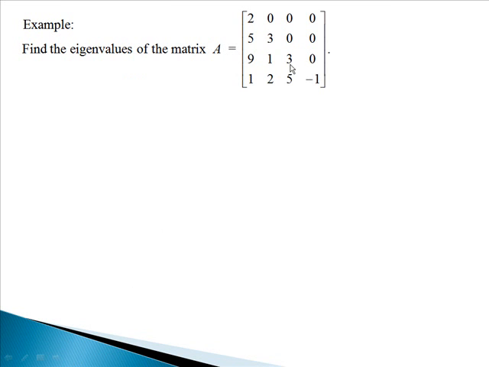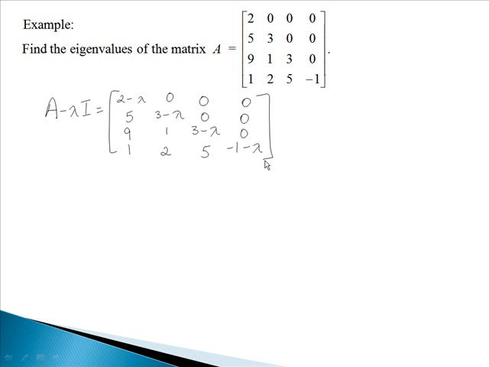So what we're going to do then is find first A minus lambda I, and that'll be this matrix here. When I find the determinant of A minus lambda I, I'm simply going to use the diagonal entries because I've got all zeros, and I can just multiply those. So I have (2 minus lambda) times (3 minus lambda) times (3 minus lambda) again, and then times (negative 1 minus lambda).